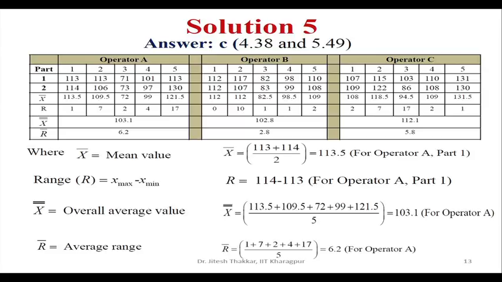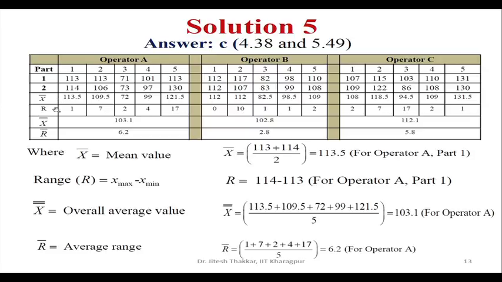So, I have reproduced the table and I computed x bar. You can see it here. This is the x bar, and for these two the x bar value is 113.5. Same way the x bar is computed. You can see the value of R, that is range. 114 minus 113 is 7, 113 minus 106 is 7 and so on.